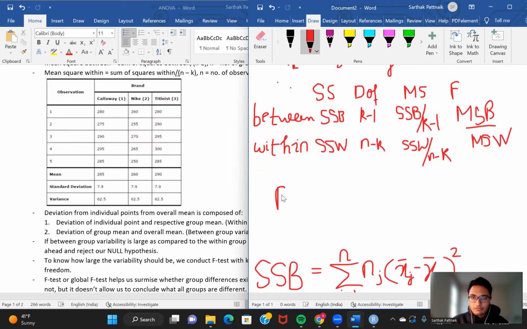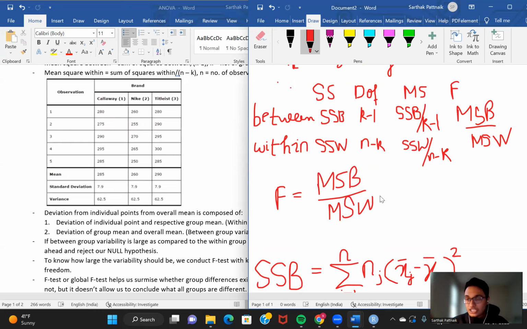So we saw that the value of F statistic is equal to mean square between divided by mean square within. What my F statistic basically tells us is how large my variability between the groups is as compared to my variability within the groups. And coming back to the initial idea that we learned, if my variability between the groups is much larger as compared to my variability within the groups, then we can reject our initial hypothesis that the groups are exactly the same, right?